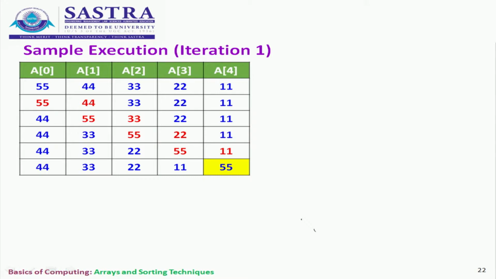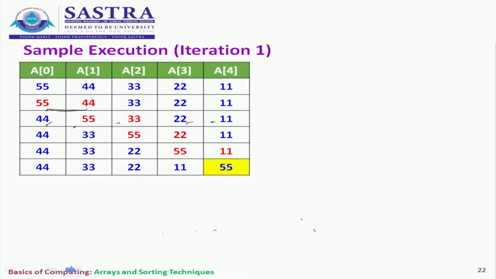For that, if the first element is greater than the second element, we have to swap it. This condition requires a swap because the first element is greater than the second. Once it is swapped, it will look like this: 44, 55, 33, 22 and 11. This is after swapping.